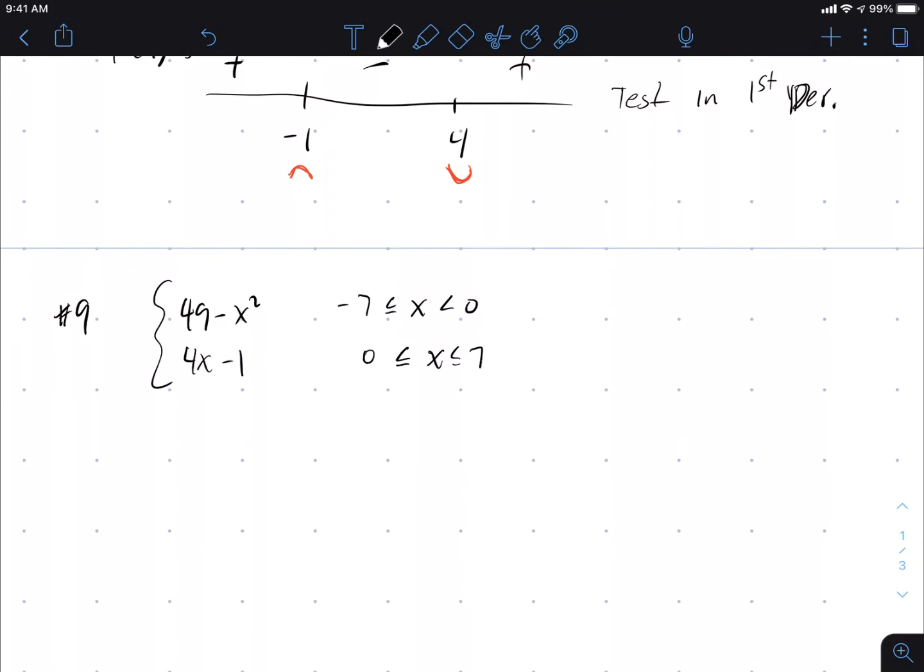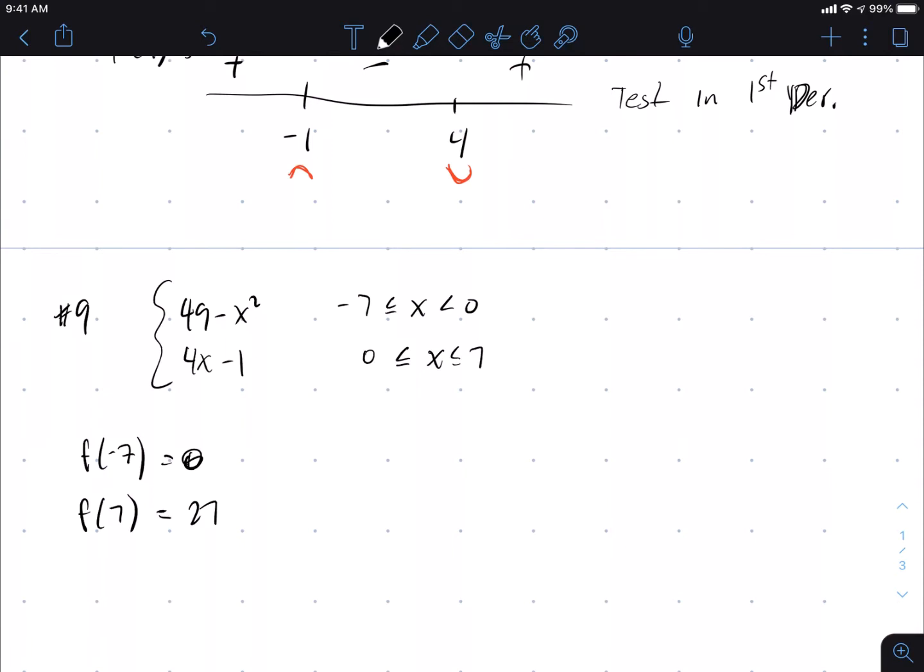So let's do that first. So f of -7 tells us to plug into the first equation, correct? And so that's going to give us a 0. Does everyone understand that in terms of piecewise? Because I know sometimes that can be difficult for people. Okay. And then f of 7 tells us to plug into the second, so that's going to be 27, right?